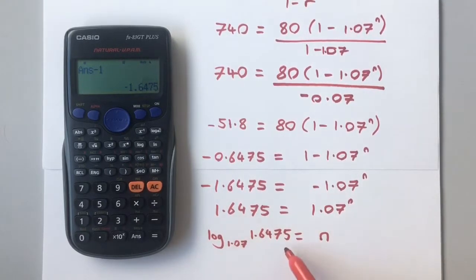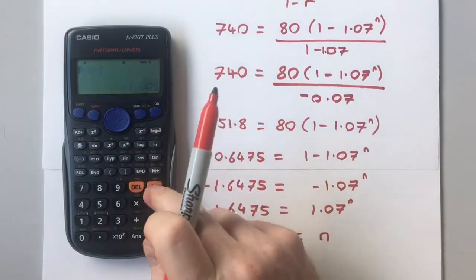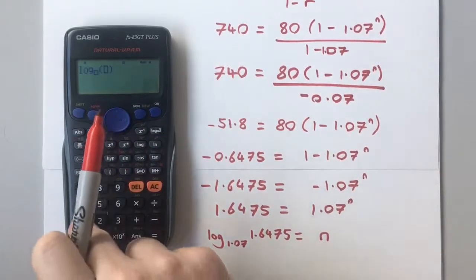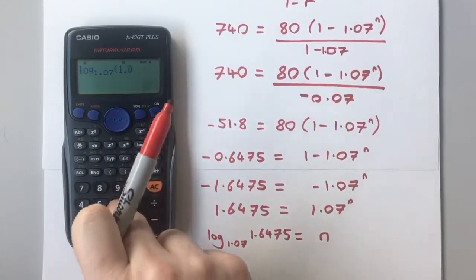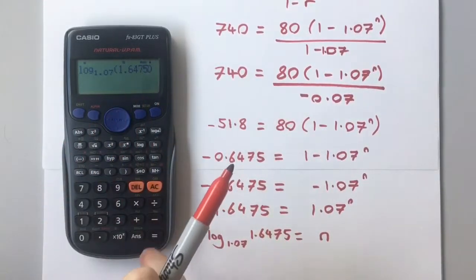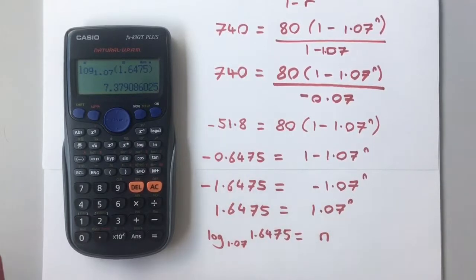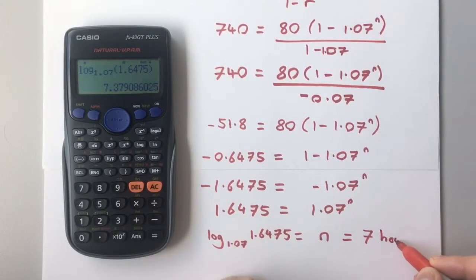Substituting this into my calculator, I have to use the button up here. And that gives me a value of 7.349. In the question, it asks me to give the number of hours to the nearest whole number, which is 7. And that concludes part C.